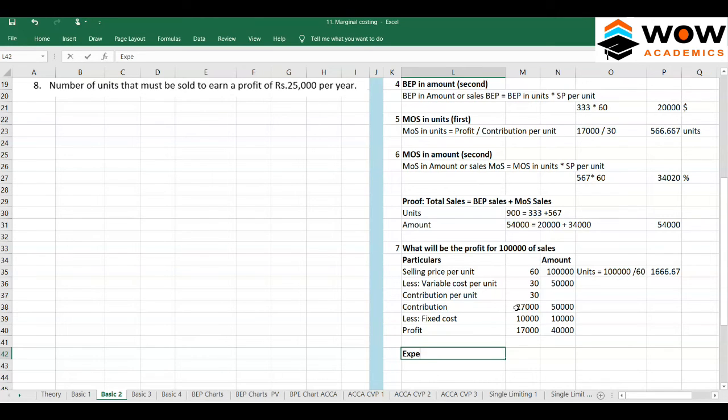Expected profit equals expected sales into PV ratio minus fixed cost. It's a very small formula only. Let's get the answer. Expected sales 1 lakh, PV ratio 0.5, fixed cost 10,000.